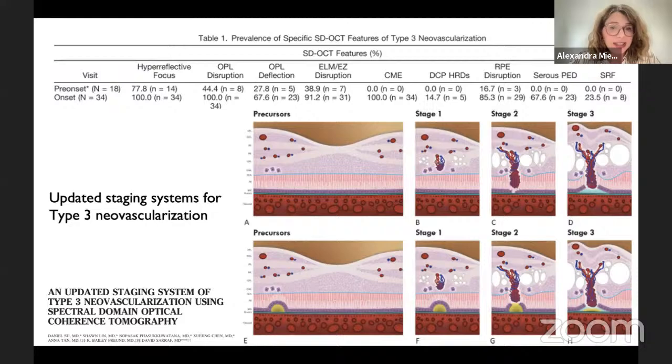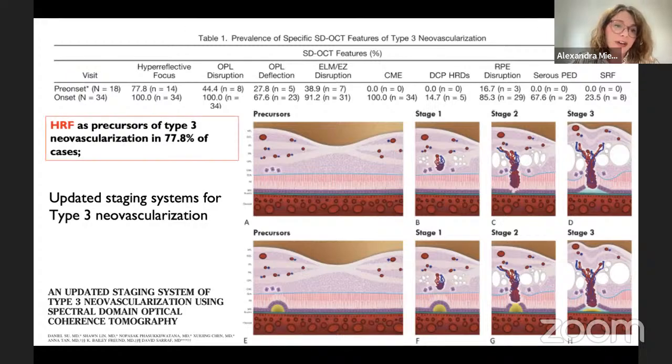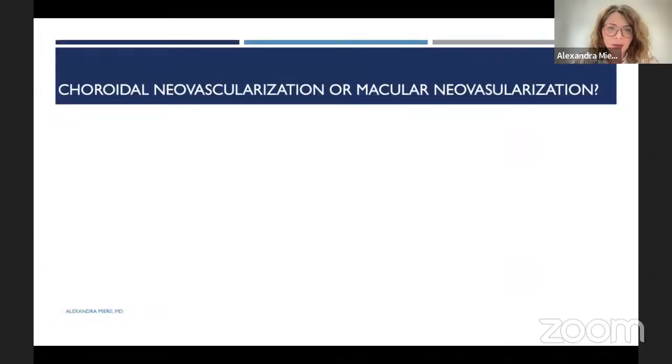What is very interesting in the study from Daniel Su and David Sarraf is that hyperreflective foci have been known as precursors of type 3 neovascularization in almost 78% of cases. So in the enormous majority of cases, we have these hyperreflective foci as precursors of type 3 neovascularization.